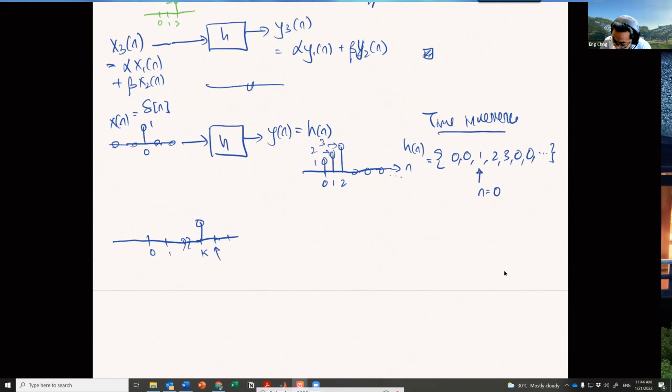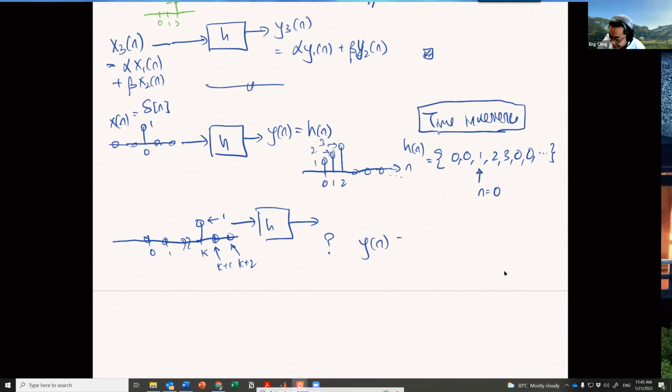This is k plus 1, this is k plus 2, and so on, and this is still 1. Nothing else is sent to the same system H. What should I get, guys? If the system is time invariant, its response does not change with time. So if I delay my input, the output will be delayed. So what is y of n? It is nothing but h of n minus k.